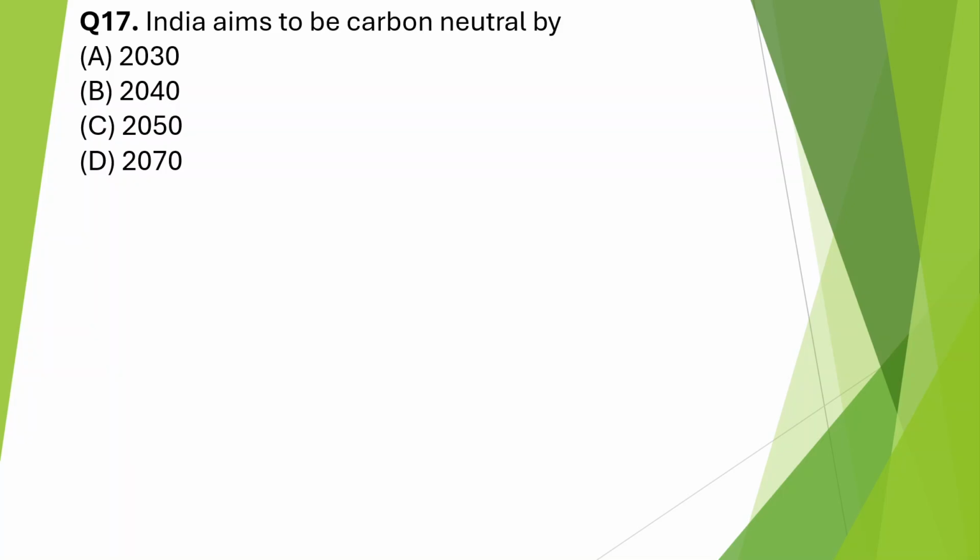These things can happen 100%, but not by 2030. This aim cannot be so near, because 2-3 years is very little to achieve carbon neutrality. That's why the target has been set to 2070 by the Indian government.